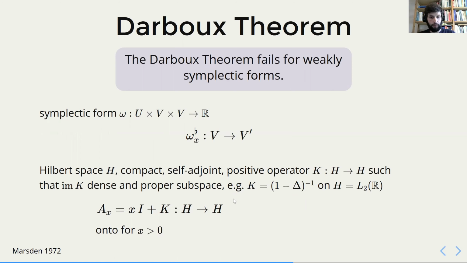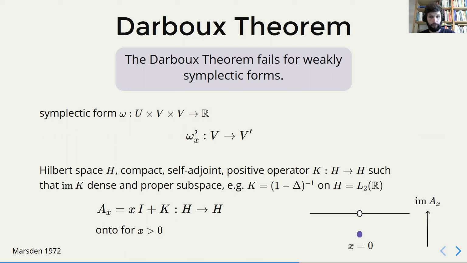And then use the Fredholm alternative to show that AX is injective, and then by Fredholm alternative, it's also surjective. So the point is that you get the following picture. For X bigger than 0, you have a surjective operator, but at X equals 0, you get something where the image abruptly jumps down to a proper subspace.